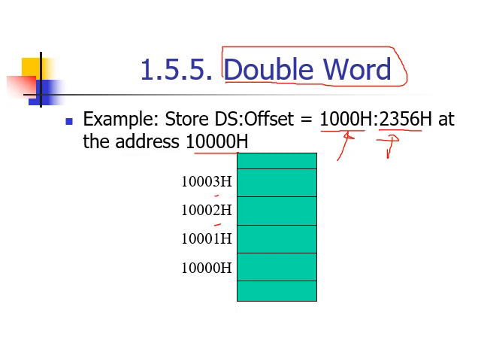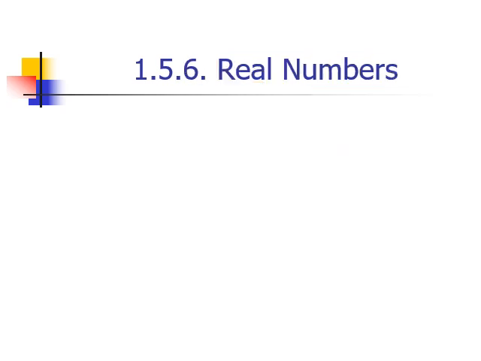All right, you take the offset 5623, then the register 0010. So the most significant in the highest and the least significant in the lowest address byte. Low in low and high in high, which is the little Indian format.